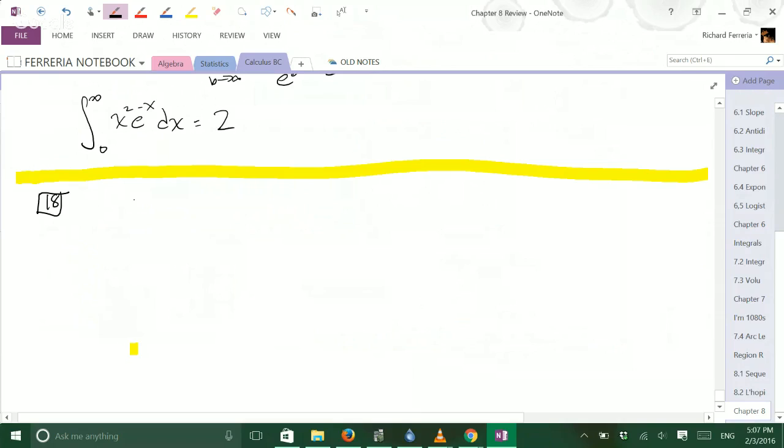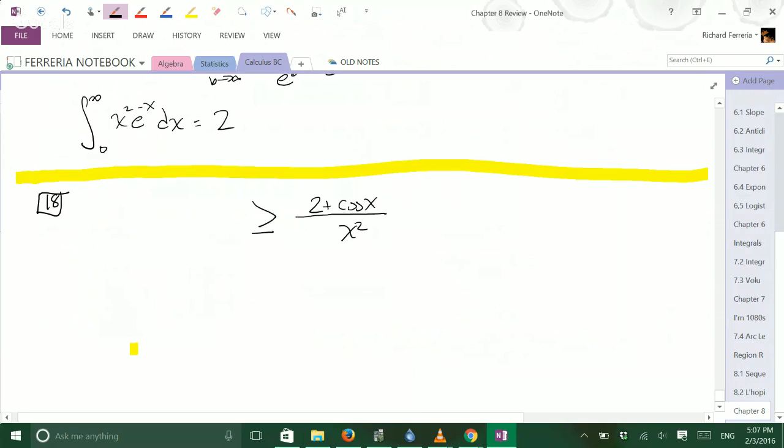Okay, so that means I want to find a bigger function that's going to converge. So let's start off with 2 plus cosine x on top of x squared, just x squared. And we need to find a function that's bigger than that. So how do we find a function that's bigger than that?